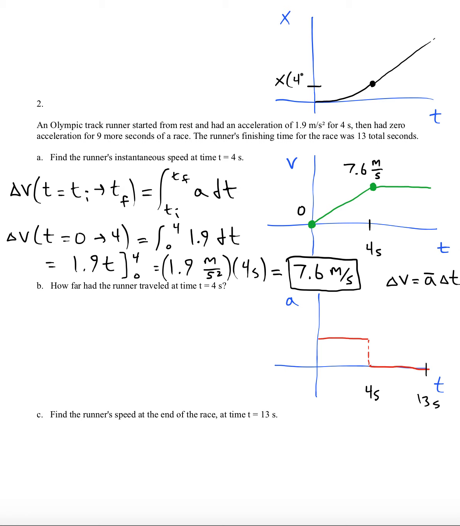So we're asked to find x of 4. Now, in order to do that, we're going to use x from t equals 0 to 4 equals the integral of the velocity function from 0 to 4.